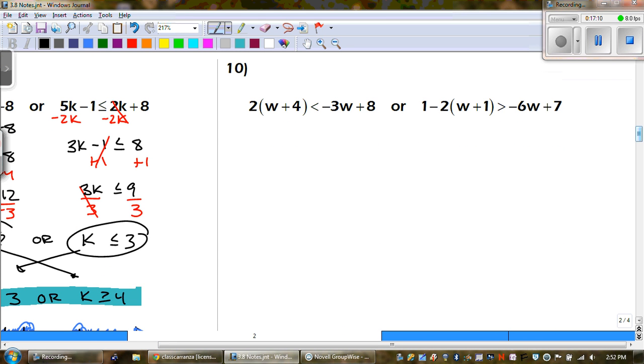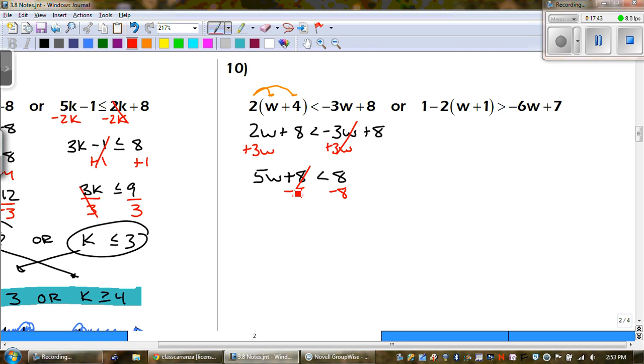All right, number 10. Don't be scared with number 10. It looks like a lot of work, but it's really not. Okay, we're going to do the first one together, and I want you to try the second portion on your own. Okay, I want my variables on one side, so I'm going to move the smaller one, so I get to add 3w, and then we get 5w plus 8 is less than 8.